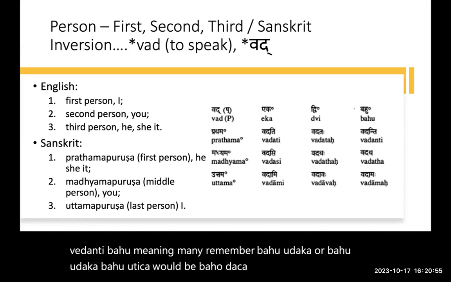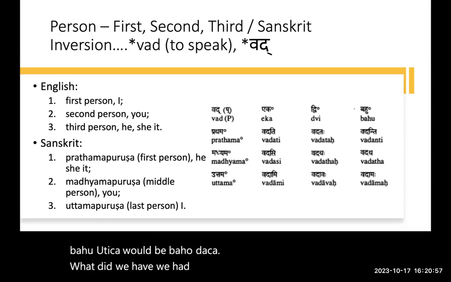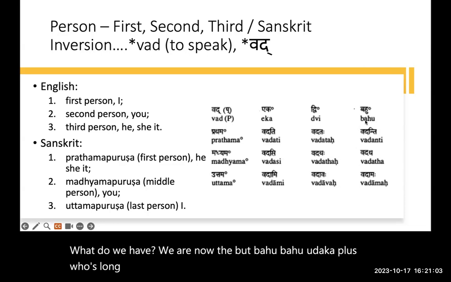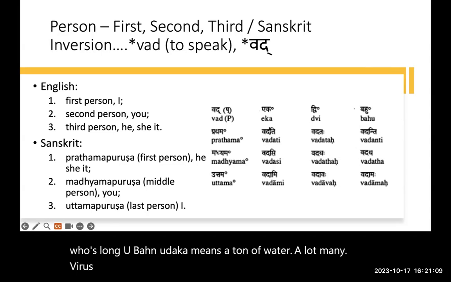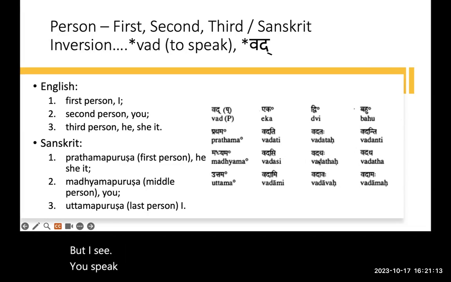Now what did we have? We had Naudaka. But bahu udaka, u plus u is long u. Bahudaka means a ton of water, a lot, many. Vadasi, you speak. Vadataha, you two speak. Vadata, no visarga.